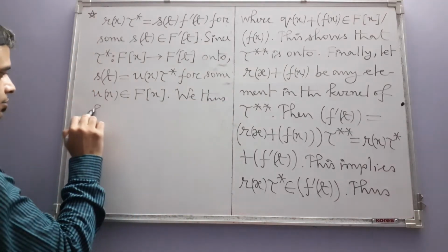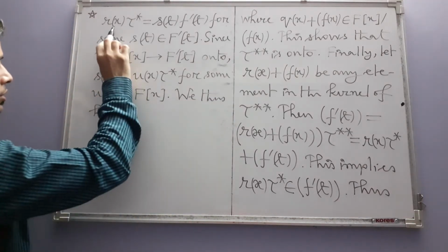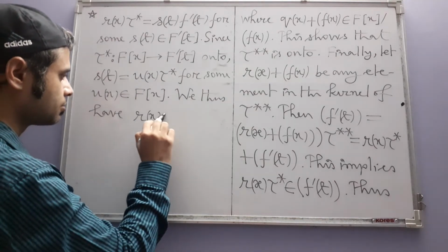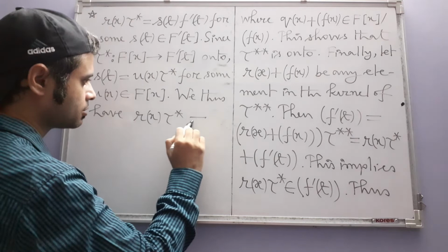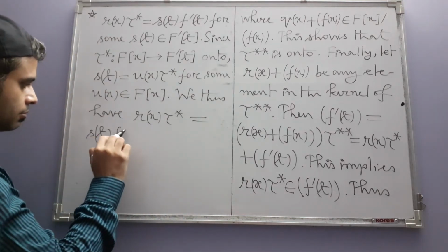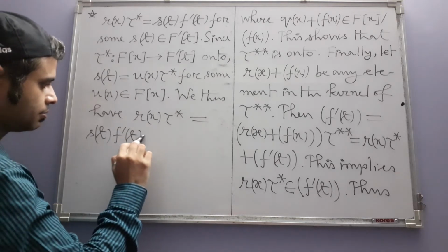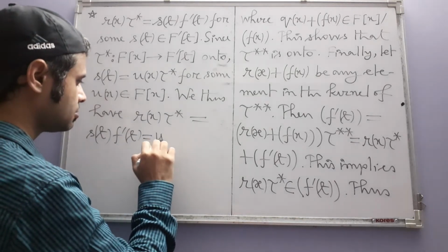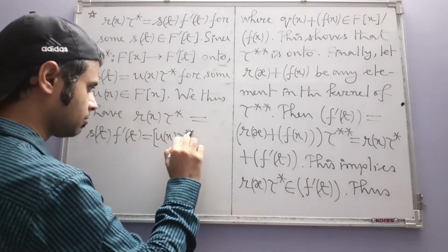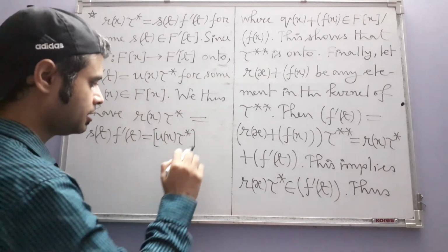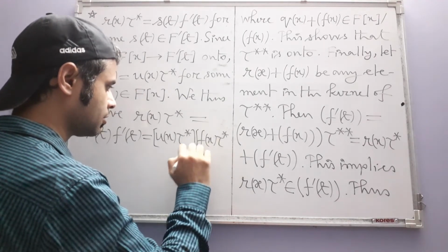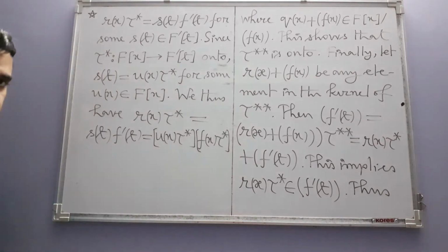We thus have, so with this new information we go back to this equation. Rx tau star is equal to St f prime t. Now St is ux tau star and f prime t already is fx tau star, because that is the meaning of f prime t.